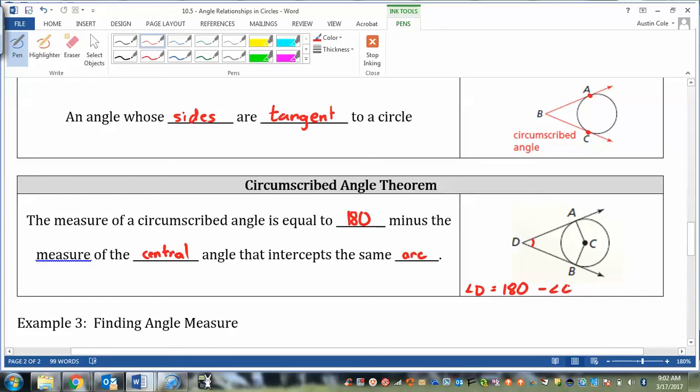Why is that? Well, guys, this shape right here has how many sides? 4. How many degrees are in every quadrilateral? 360, right? Now, we know that if we have tangent lines, they are perpendicular with the radius at the point of tangency.